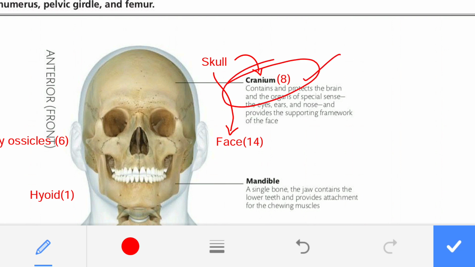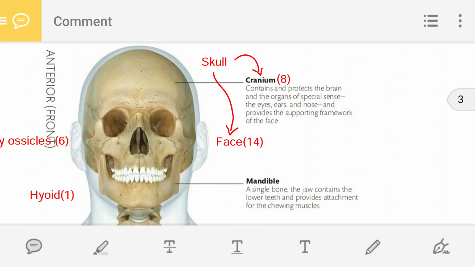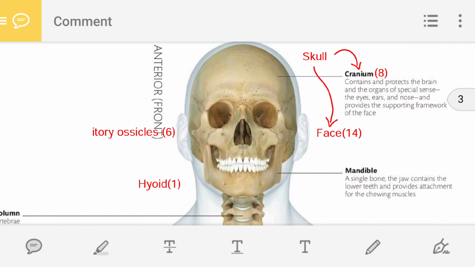In the cranium there are 8 bones. In my next lecture we will learn which bones make up the cranium, but here you remember that 8 bones are included in the cranium, and in the face there are a total of 14 bones. So the cranium and face make the skull.